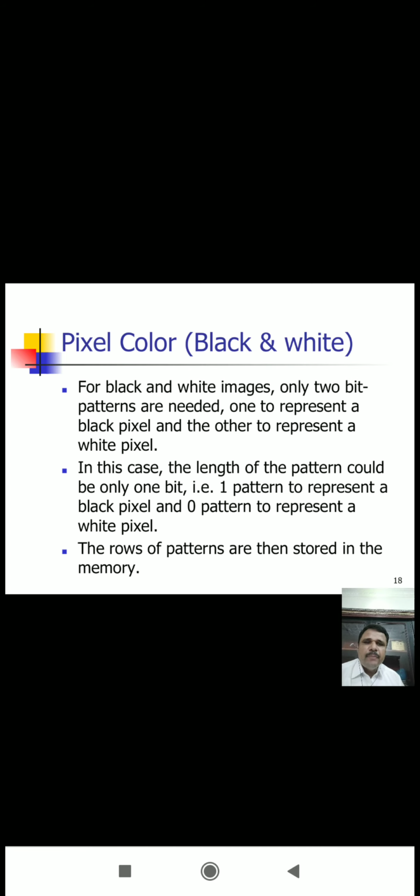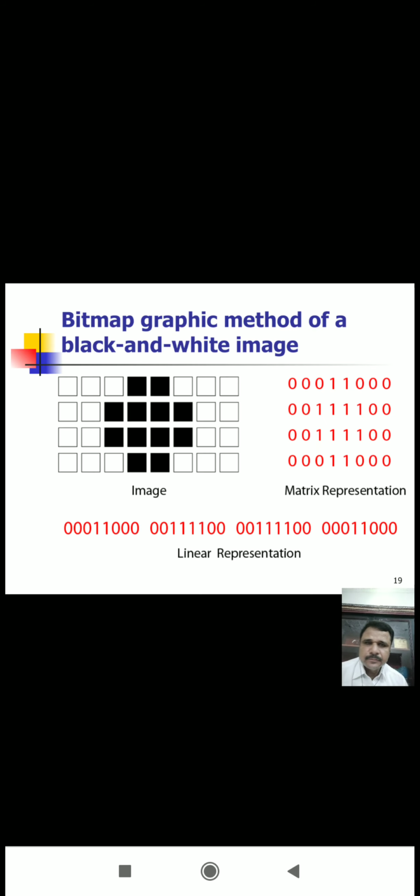The rows of patterns are then stored in the memory. Let's see it with the help of a figure in the next slide. Here, as you can see in this figure, there is a very simple image which is a black and white image. This image is basically a matrix having a certain number of rows and columns.